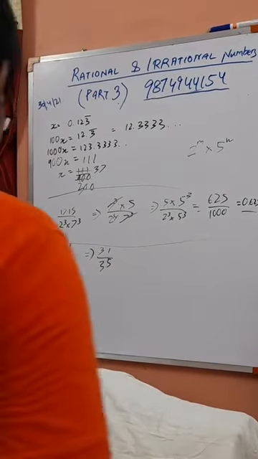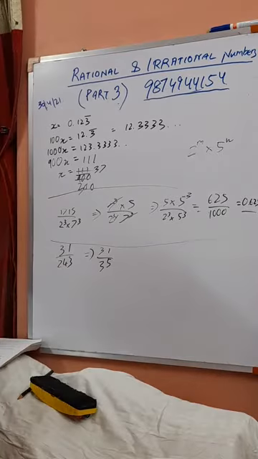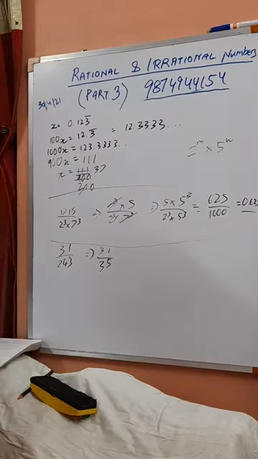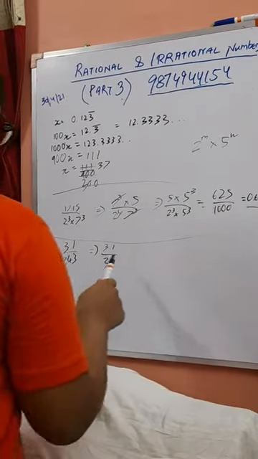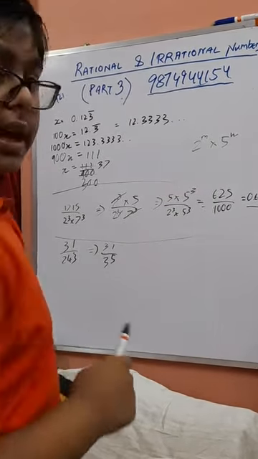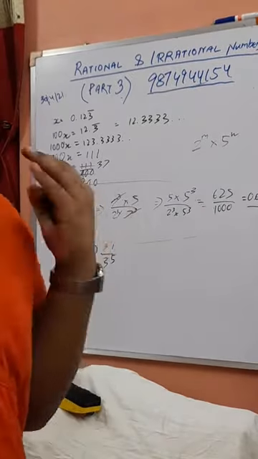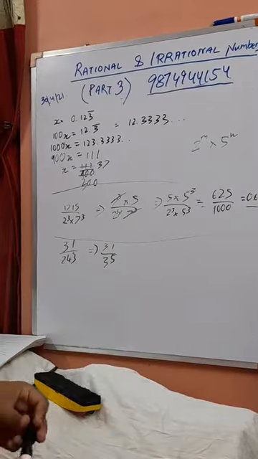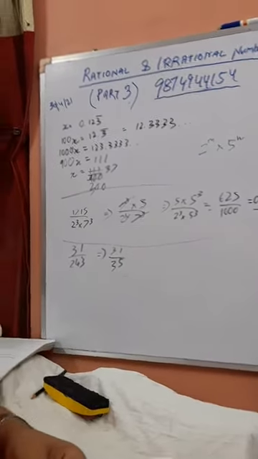So this type of number will be proved as an irrational number if they do not have 2 or 5 in the denominator. In a better way, if they have 3 or any other prime number other than 5 or 2, that proves they have a factor other than 5 or 2.